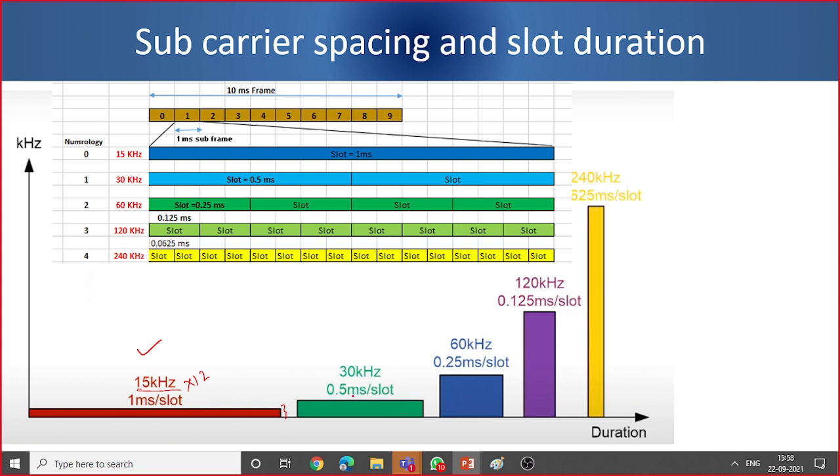But in 30 kilohertz, your symbol size has become half, but your bandwidth has become double. So you are increasing the bandwidth of a subcarrier but decreasing time, and that's why you are able to pack more and more data in the same time. On one side we are reducing, on one side we are increasing. That's why we are able to pack more and more data in a particular 1 millisecond.